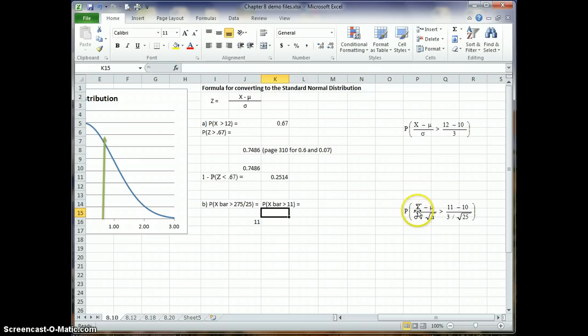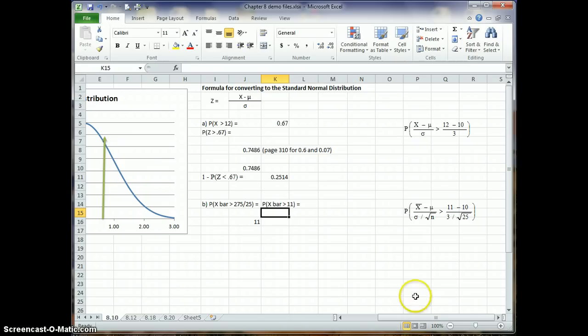You've got the probability of X bar, the sample mean, minus the population mean, divided by the standard deviation divided by the square root of n.